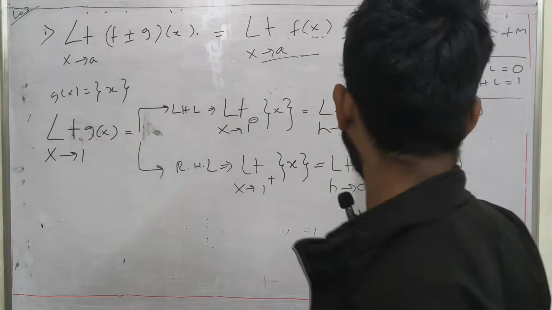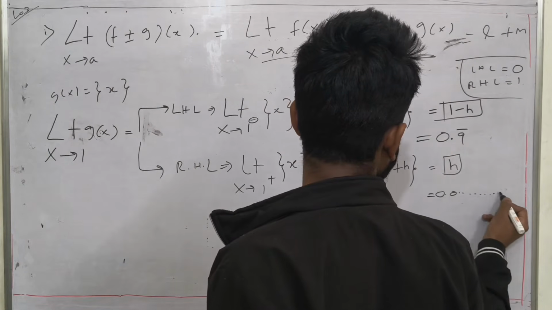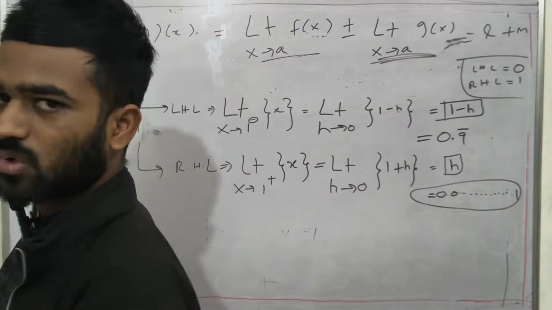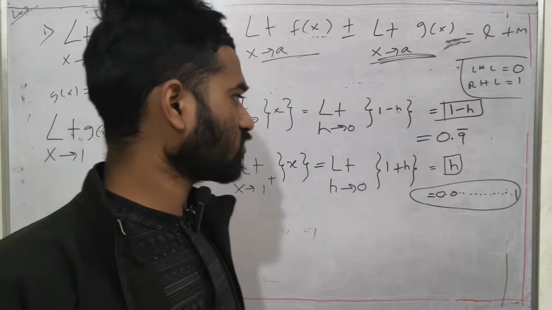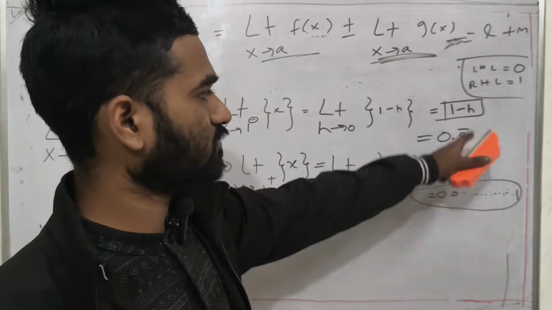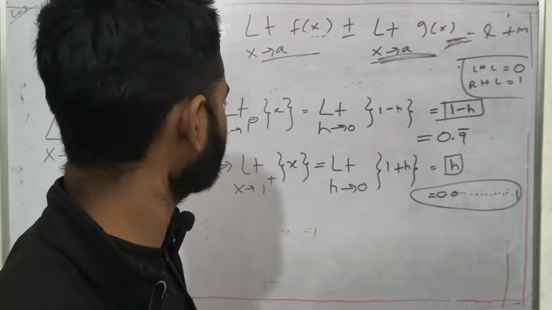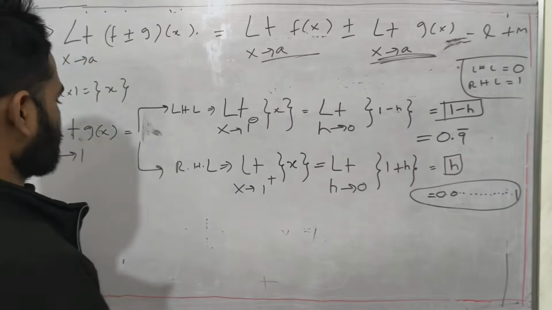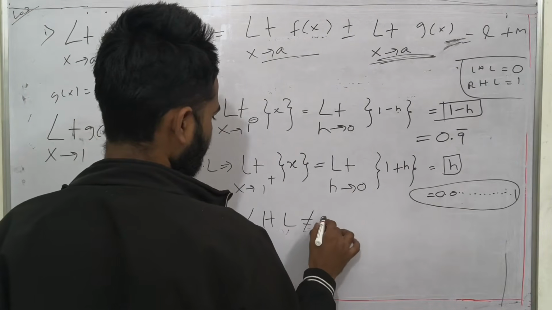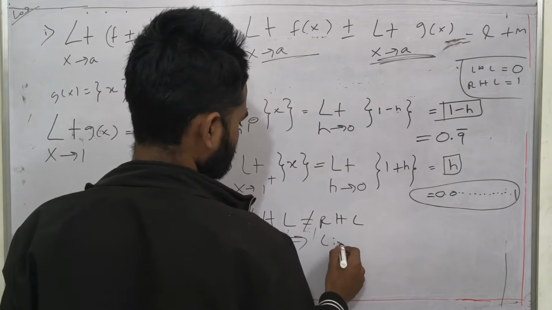This value you can say is 0.001, the least possible value h will have, and 1 minus h will have maximum value 0.9 bar. Now if you observe, left hand limit not equal to right hand limit implies the limit does not exist.